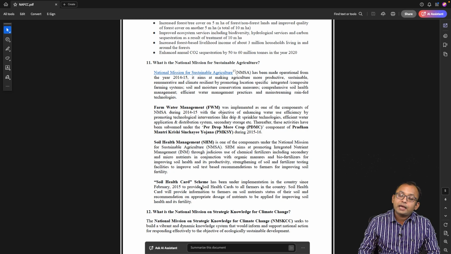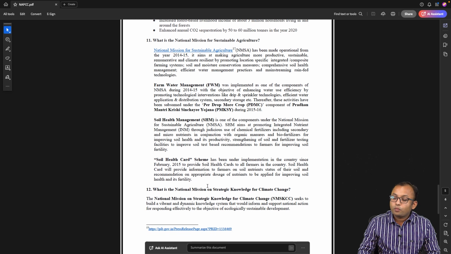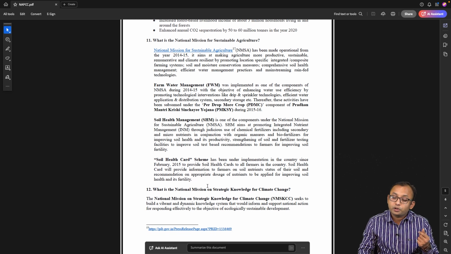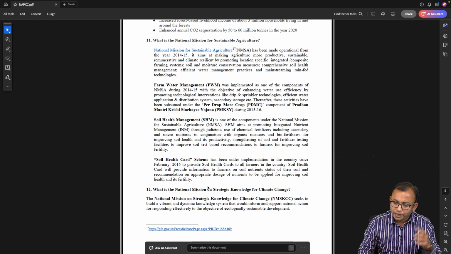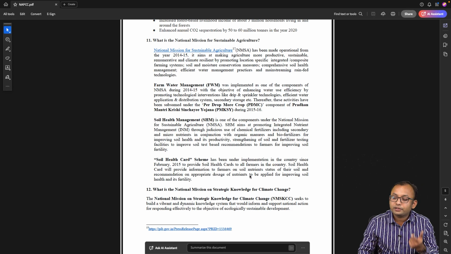Then there is the Soil Health Card scheme, which has also been started, which provides the health of the soil based on a card system. We will be able to tell farmers very efficiently and in a very simple manner what kind of nutrient deficiency the soil has, and how they can improve their capacities.